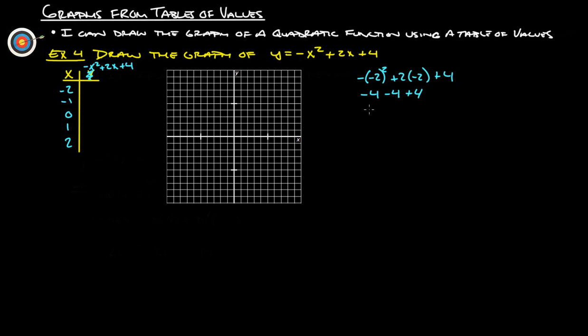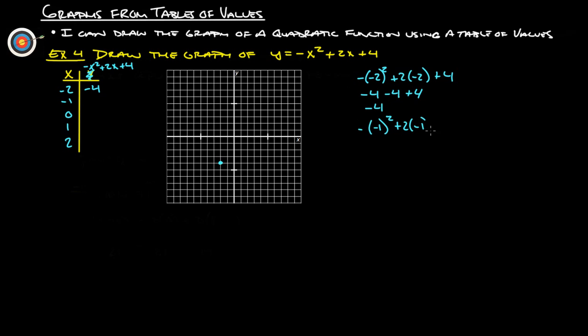So we end up getting -4 for this one. Okay? And then you can keep doing all of these calculations. You'll come up with this table, and then we'll graph each piece. So -2 is at -4, which is right here. So that's -2, -4.